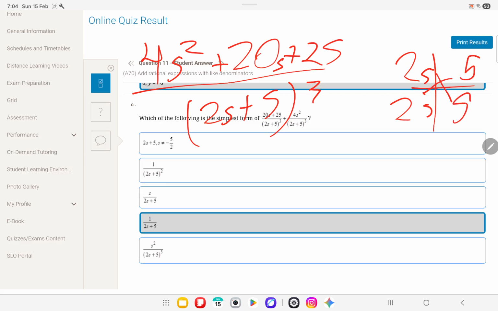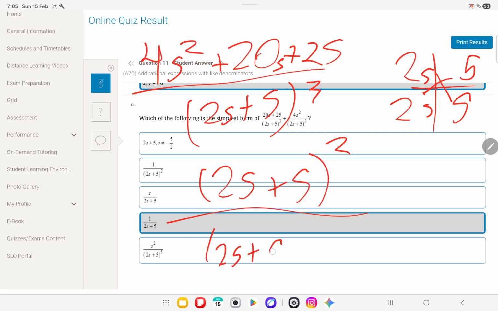This times this plus this times this. Does it get you 20s? Let's check. 10s plus 10s. Yes, it gets us 20s. So this is correct. So we can rewrite it as 2s plus 5. Since it's repeated, we can just write 2s plus 5 squared over the denominator, which doesn't change, 2s plus 5 cubed. Right?